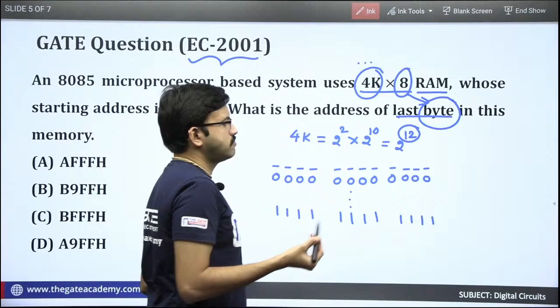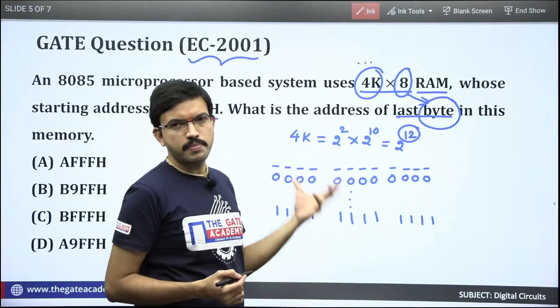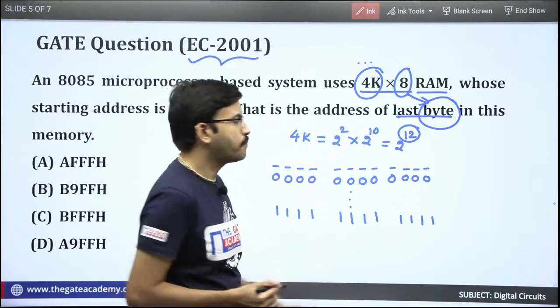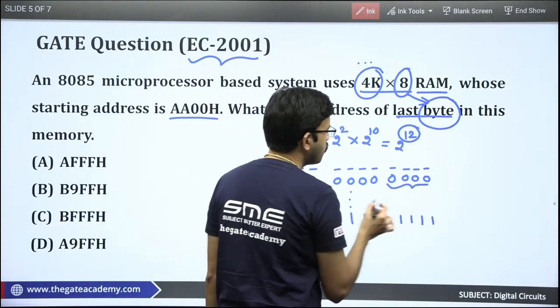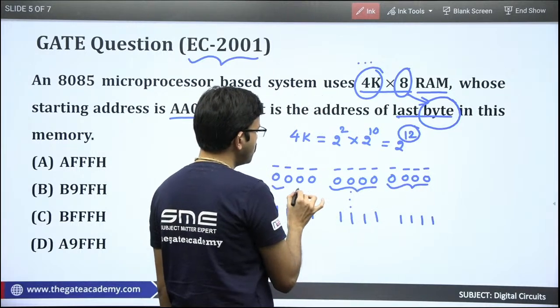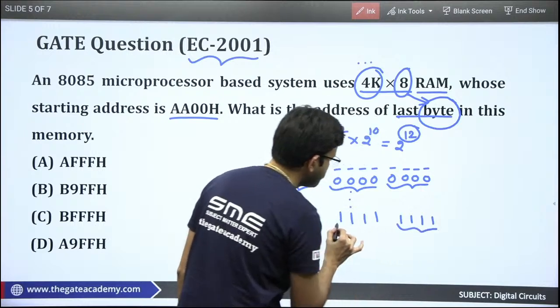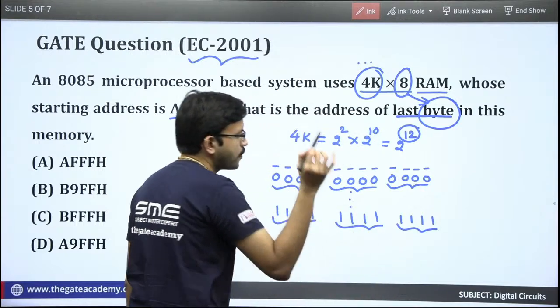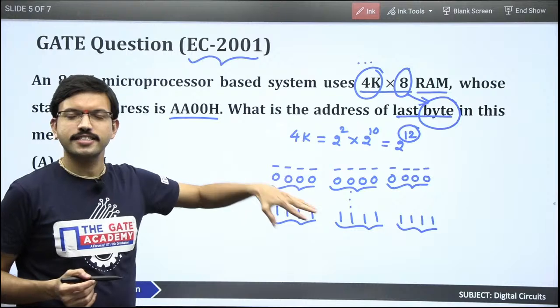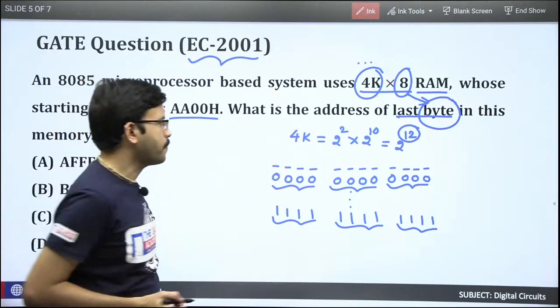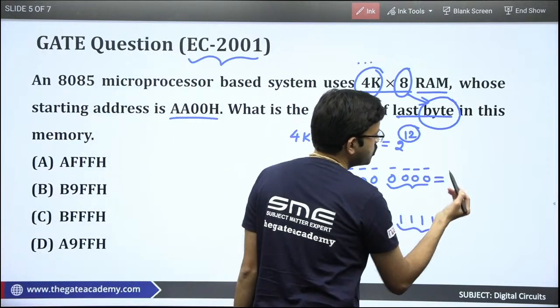Now we already discussed binary to hexadecimal conversion in the number system. If you group 4 bits, you will get the corresponding hexadecimal digits. That's why I told you that even in the microprocessor chapter I will discuss concepts of the earlier chapter, so don't leave the session.